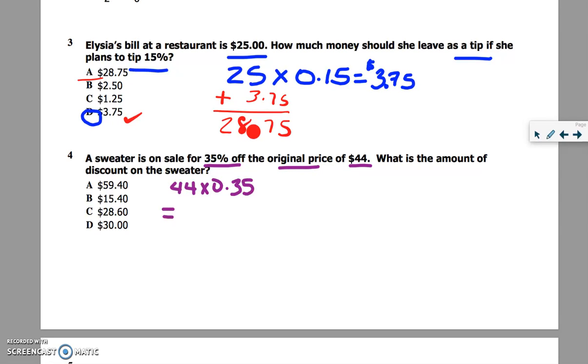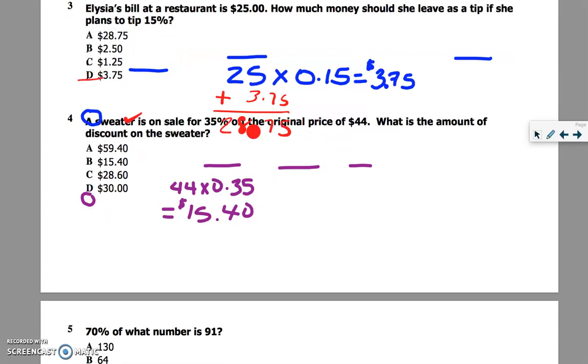They only want to know the amount of the discount, so you simply multiply the amount times the rate, and that gives you $15.40. I'll keep it simple and leave it right there, because your answer is $15.40. Okay, in the interest of time, let's continue to move on.